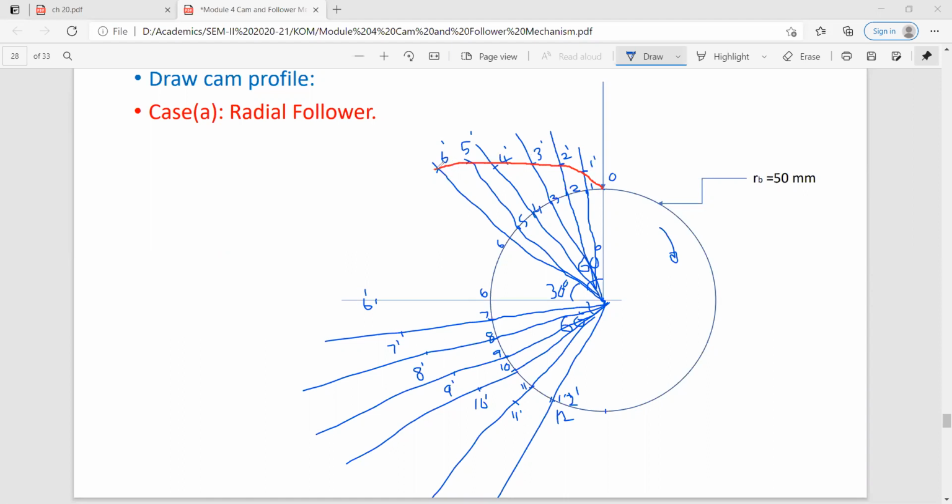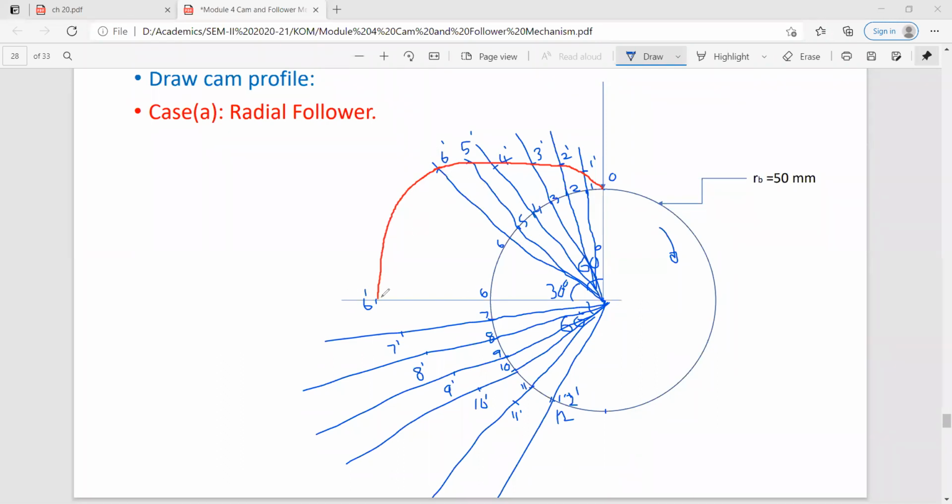Okay, now you can see that between this 6 dash and this 6 dash, the distance is constant. So you can take this as the radius, and with the help of the compass you can just join 6 and 6 dash. Radius will be this much.